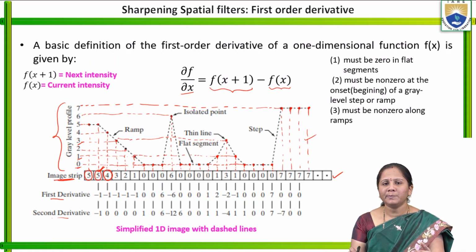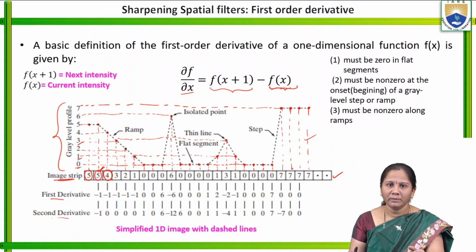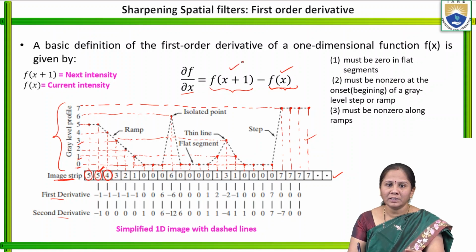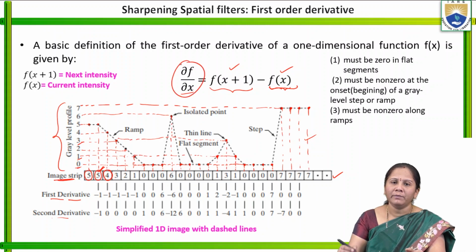And the value that is present next to the current value, after the current value, is called the next intensity level, which is represented as f of x plus 1. Now, considering the definition of this one-dimensional function, which includes the current intensity and the next intensity, we have to find the first order derivative.